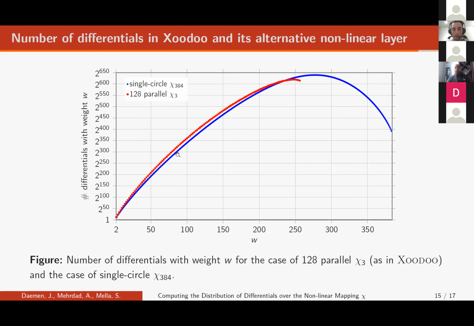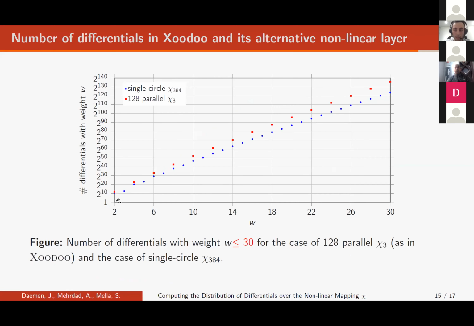So the original one is shown by red, and the alternative nonlinear layer is shown by blue lines. If we zoom at this part of the graph, we see something like this, and it shows that the number of differentials if we use a single circle G is less than the original one.